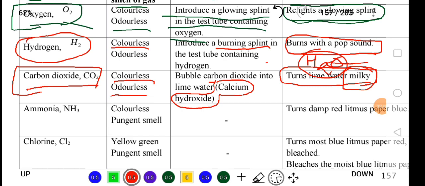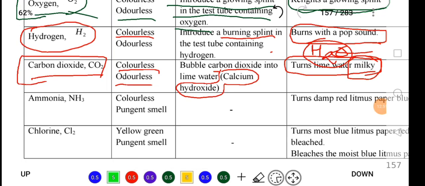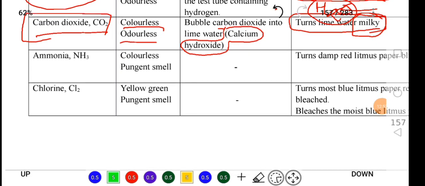Moving forward, we have another gas we call ammonia. Ammonia is colorless, but it has what we call a pungent smell.